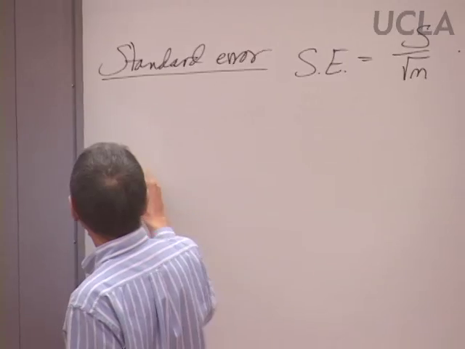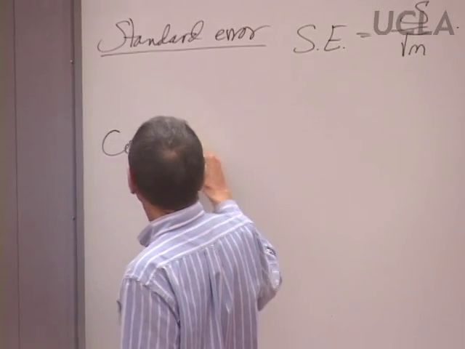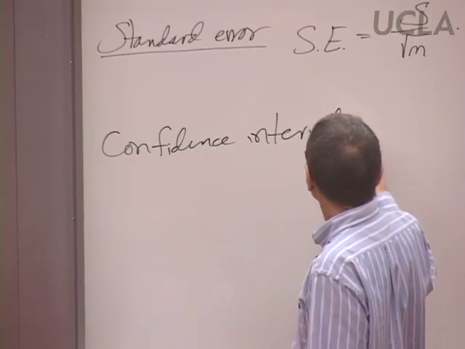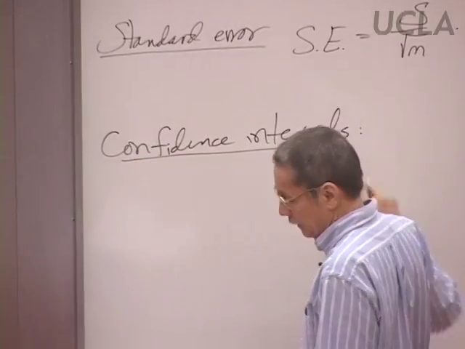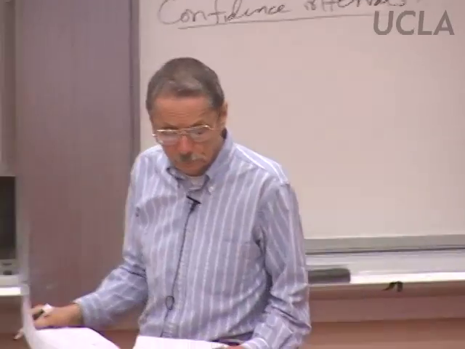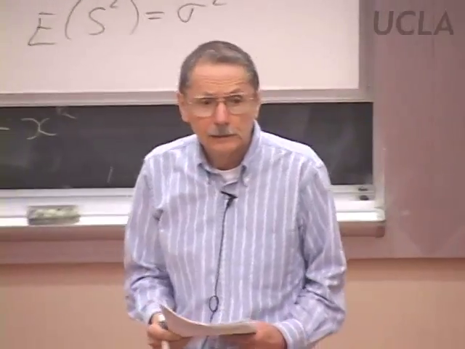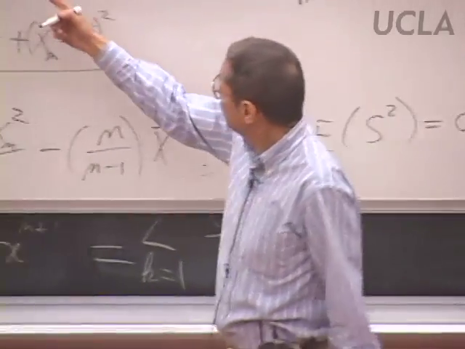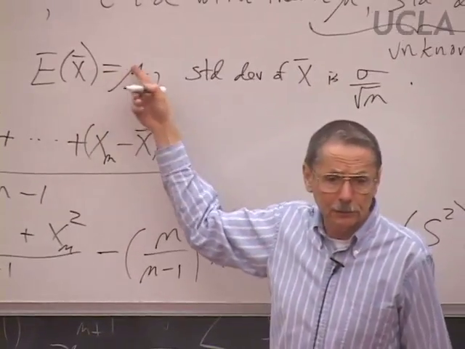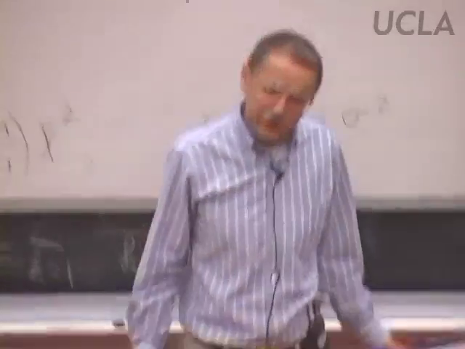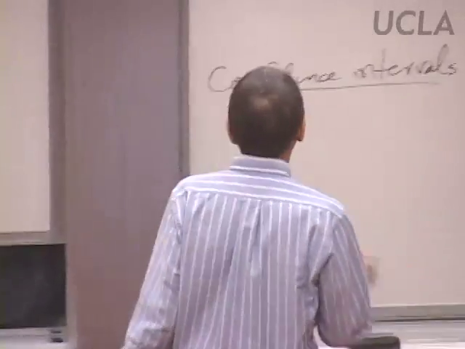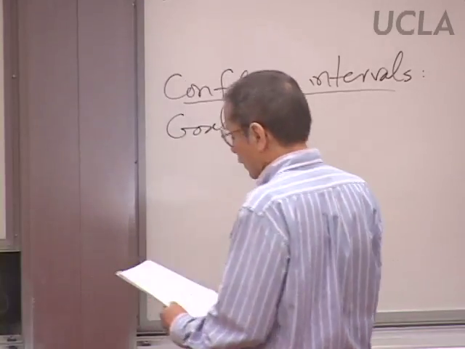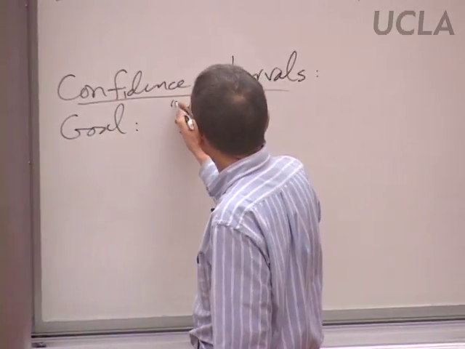Now we want to look at confidence intervals. So here's what we want to do. We figure x bar should be close to mu, but we want to be more quantitative about that. We want to make statements like the following.